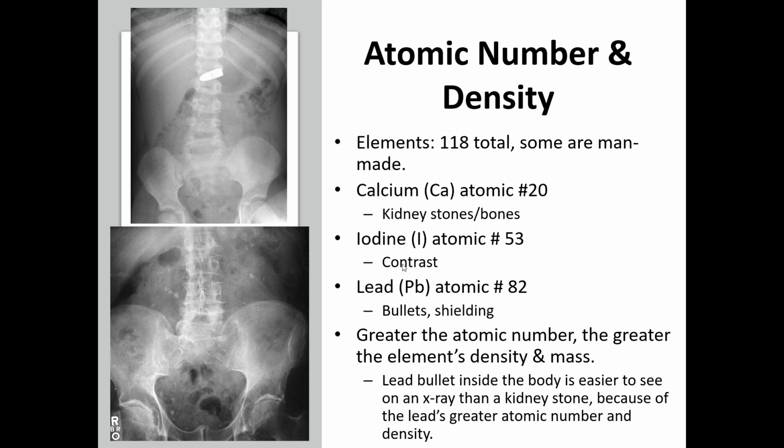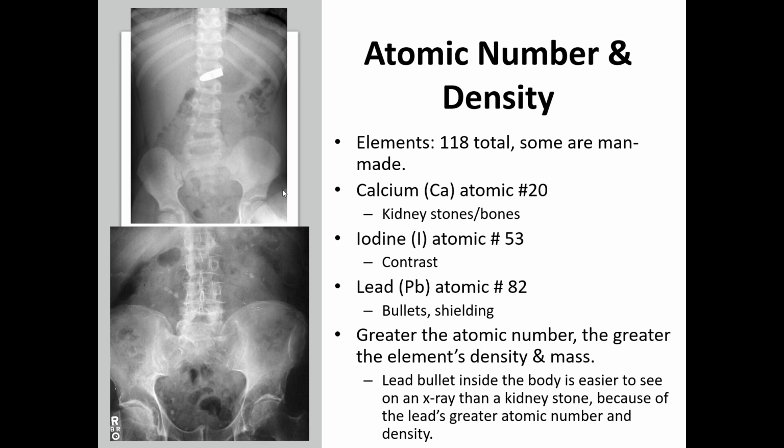So moving up from calcium, we have lead, which makes up bullets and shields that we use for X-ray. And this is what you can see in the child's stomach. He got his hand on a nice high caliber bullet there. So that lead bullet inside the body is easier to see on an X-ray than a kidney stone. It stands out a little more than these kidney stones down here because the lead has a much higher atomic mass than bone does.